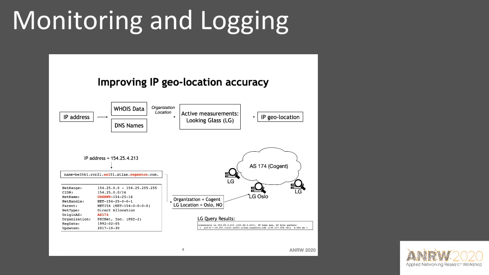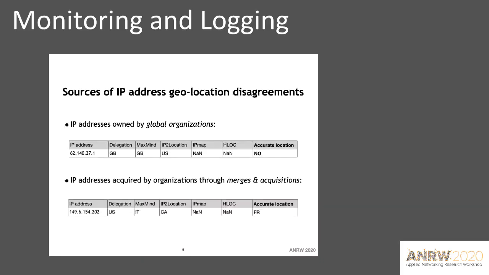We show how this would work for a given IP address. We start by extracting the owner and location for the IP address as well as the AS number. In our particular case, the IP is owned by Cogent, and as possible location for the looking glass, we find this to be Oslo, Norway.